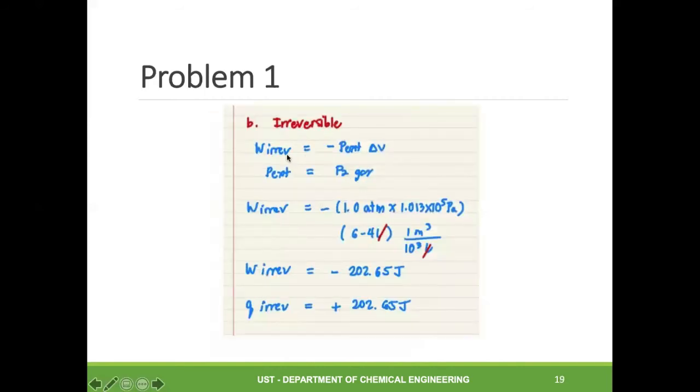For irreversible, we will be using the equation negative P external, equal to the final pressure of the gas, multiplied by delta V. So the negative 1 atmosphere is converted to Pascal, then 6 minus 4 converted to cubic meter. So work irreversible is negative 202.65 joules, and Q irreversible becomes positive 202.65 joules.